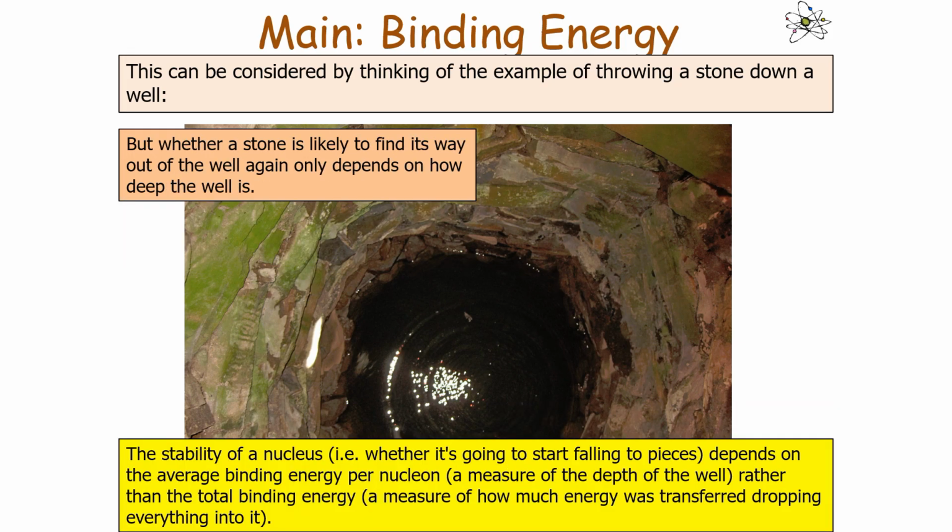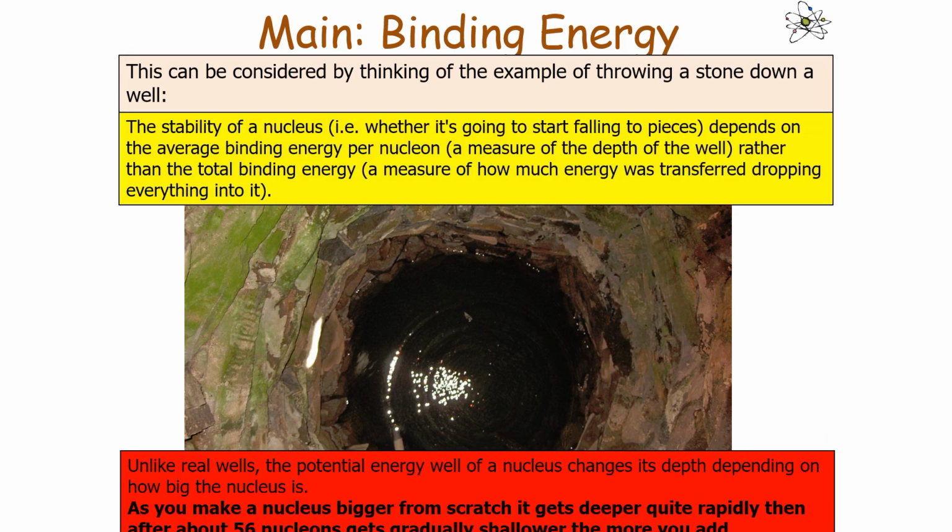This is the same idea with the nucleus, because the stability of a nucleus, i.e. whether it's going to fall to pieces or not, depends on the average binding energy per nucleon, which in this example is a measure of how deep the well is, rather than the total binding energy, which is a measure of how much energy is transferred by dropping everything in it. Unlike real wells though, the potential energy well of a nucleus changes its depth depending on how big the nucleus is.